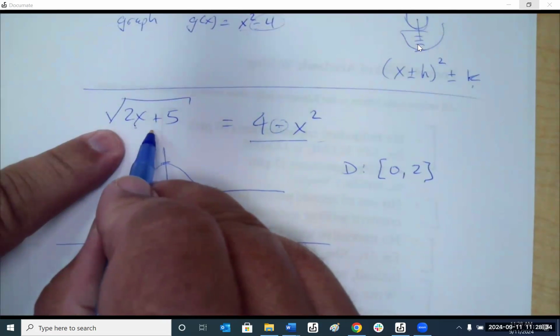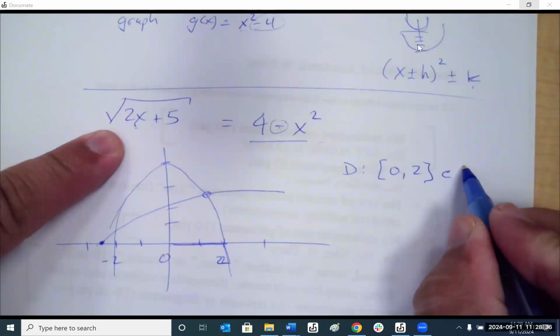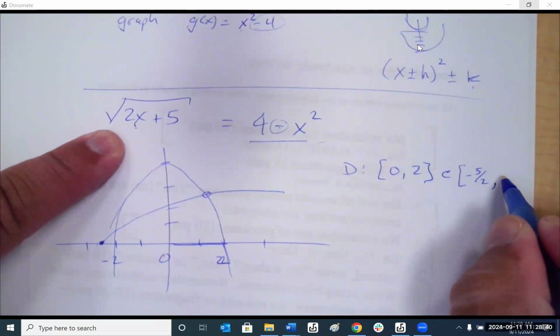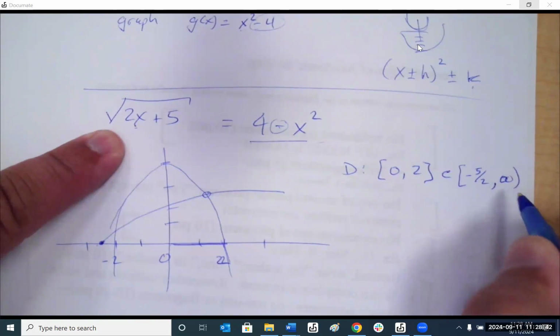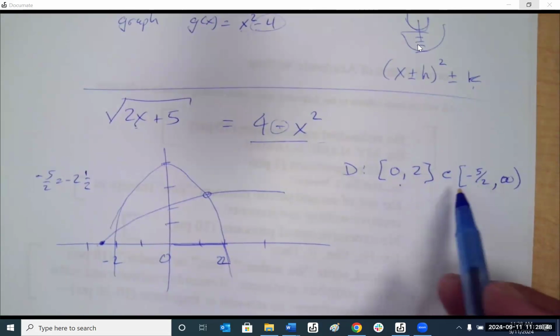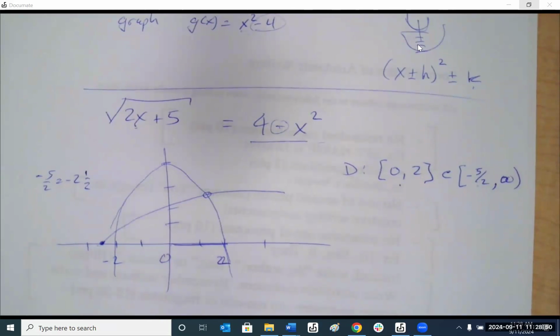And the domain from this one, because they both overlap in the first quadrant, means there has to be an intercept, at least one intercept.